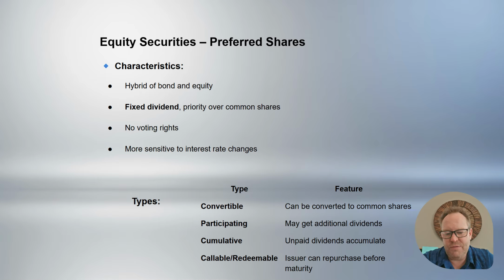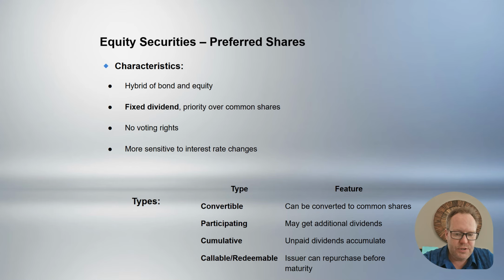There are about four types of preferred shares you need to understand. The first being convertible. That means a preferred share can be converted into common shares. Preferred shares that are considered participating may get additional dividends over and above the standard dividends that are paid to other preferred or common shareholders.